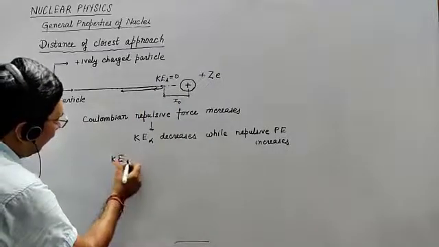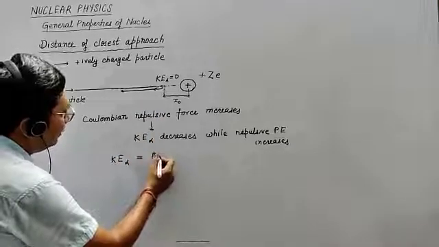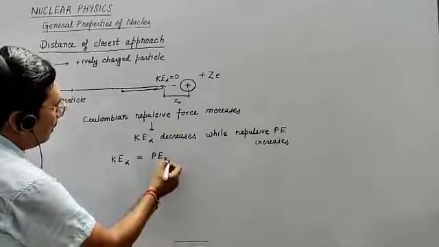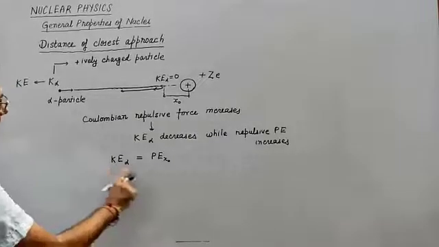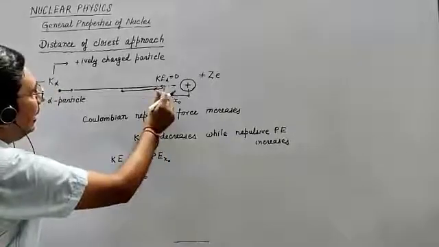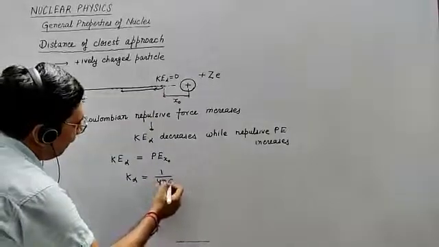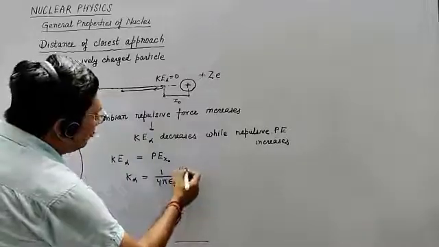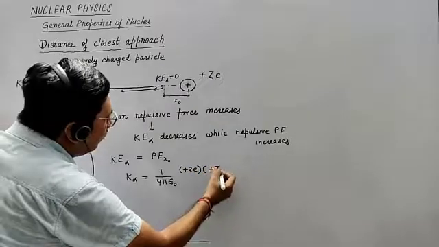of the alpha particle will be equal to the potential energy at this point x naught with respect to the center of the nucleus. Suppose the kinetic energy of the alpha particle is K alpha, and the potential energy at this point will be equal to 1 upon 4 pi epsilon naught. Charge on this alpha particle will be plus 2e, while charge on the nucleus will be plus Ze.